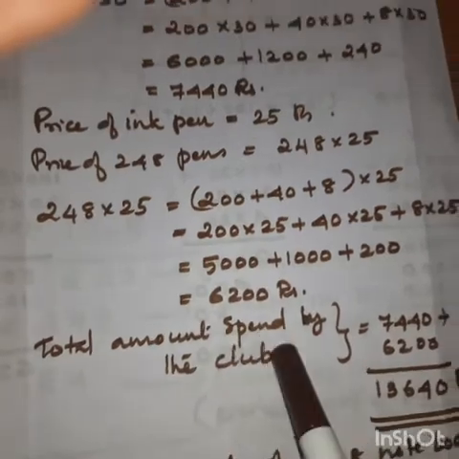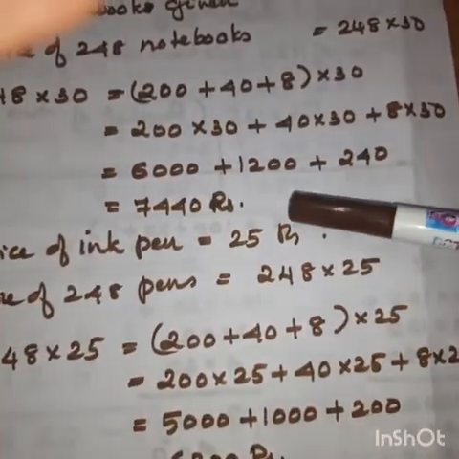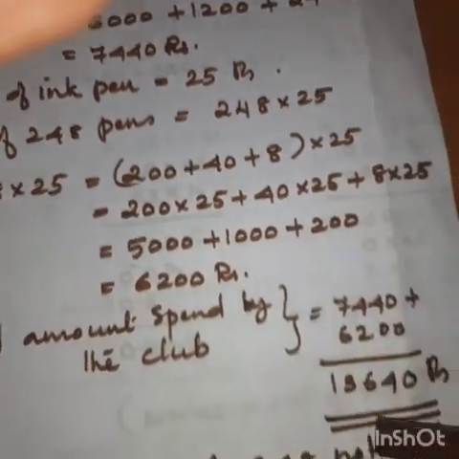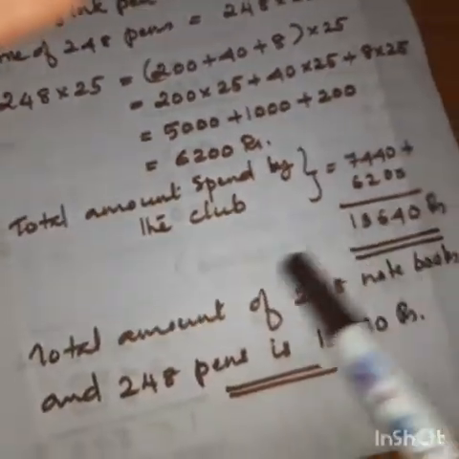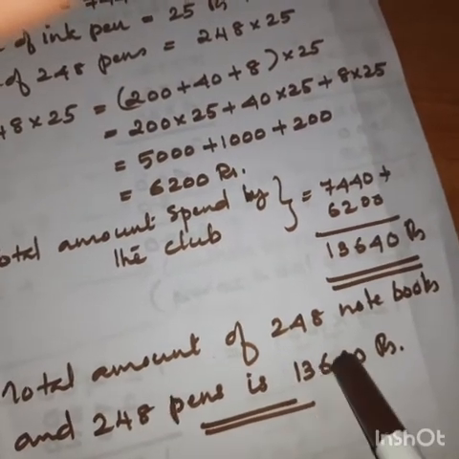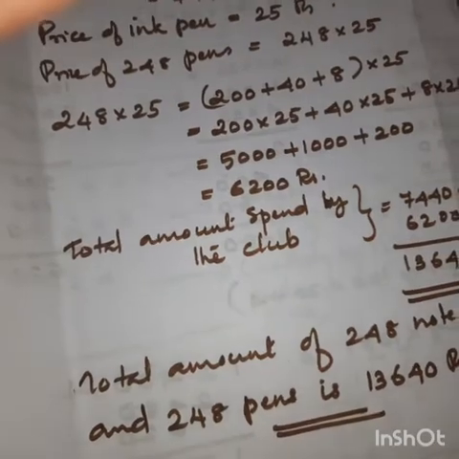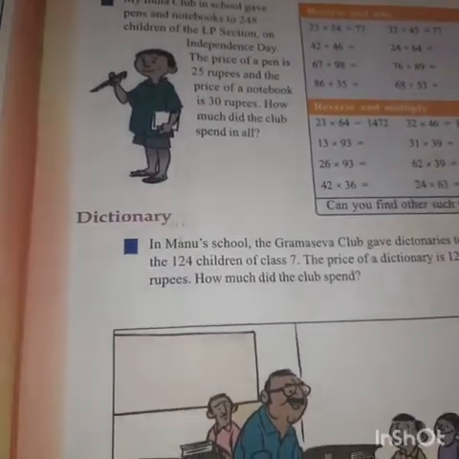Therefore the total amount spent by the club is, for notebooks 7,440 and pens 6,200, total 13,640 rupees. That is the total amount for 248 notebooks and 248 pens, 13,640 rupees.